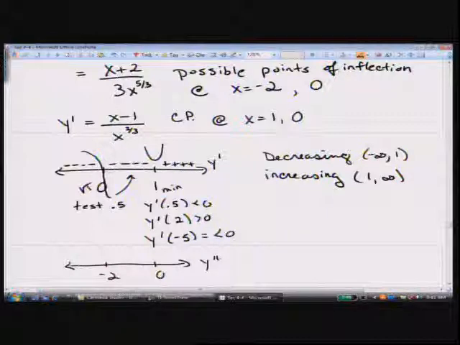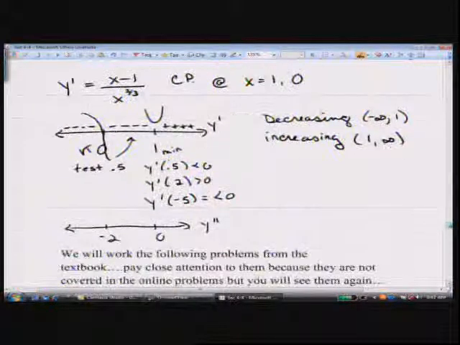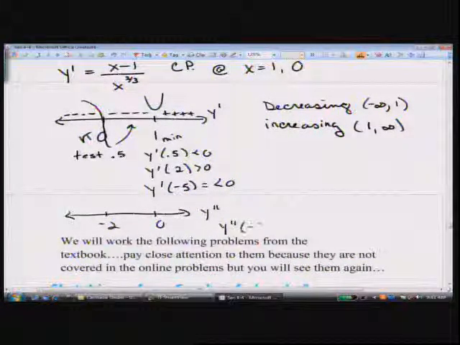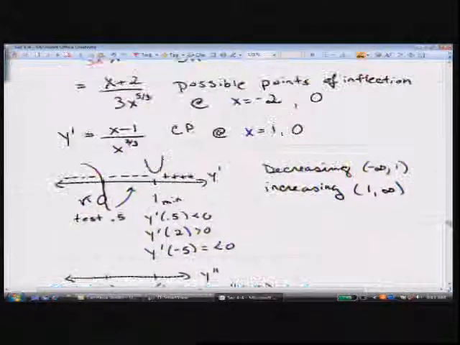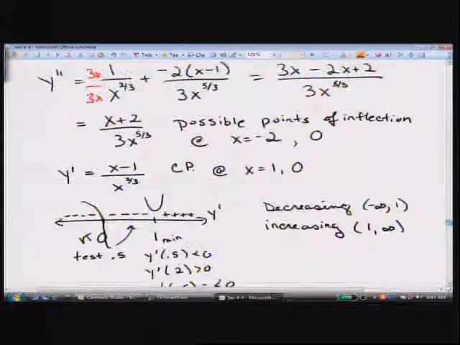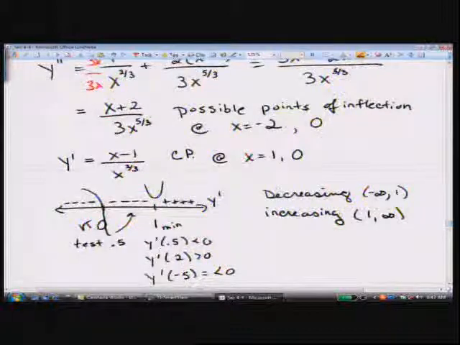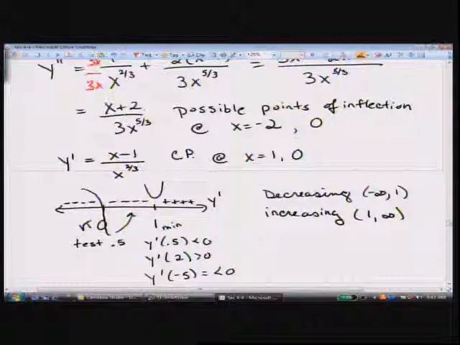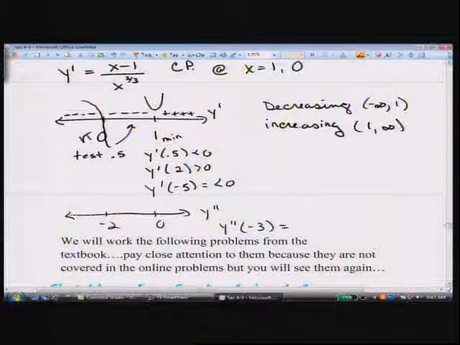Now in our second derivative, if we test a number like negative 3, when you plug that into your second derivative, here's my second derivative. X plus 2 over 3x to the 5/3. You're going to get a negative over a negative, so that's going to be positive, right?